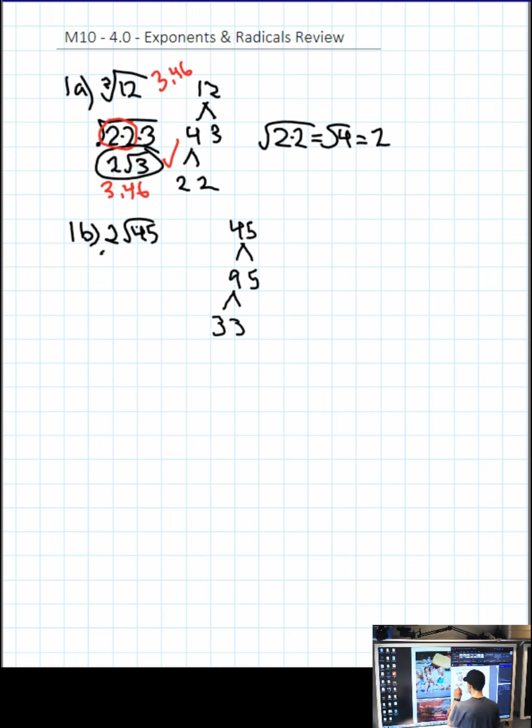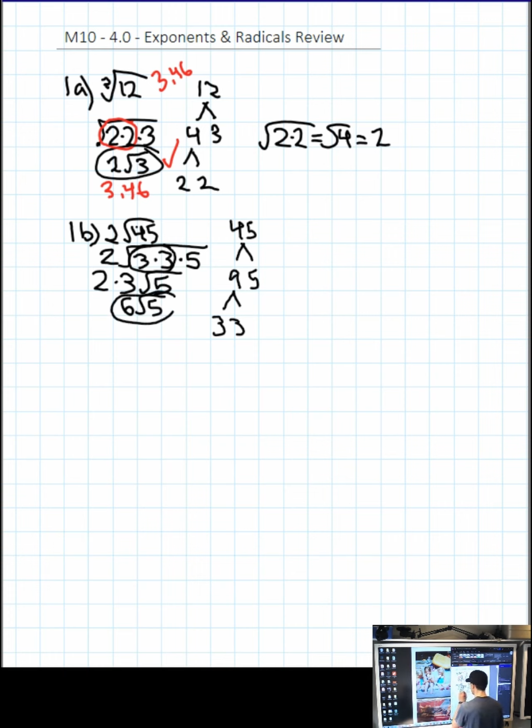So we can write 2 square root 3 times 3 times 5. So we have two 3's underneath the square root. That means that 1 comes out, and we're simply going to multiply it by the number in front. So we're going to get 6 root 5.